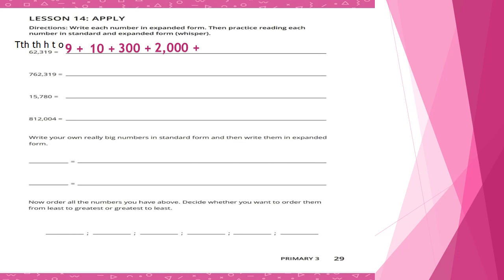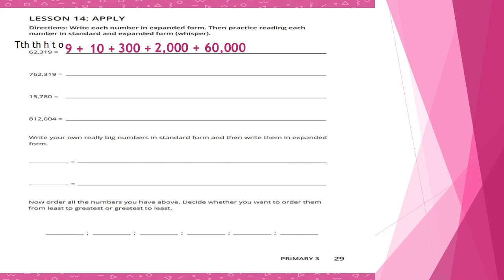How many zeros do we add in 10,000? We have 1 zero for 10 and 3 for 1,000. They are 4 zeros. So 6 in 10,000, its value will be 60,000.